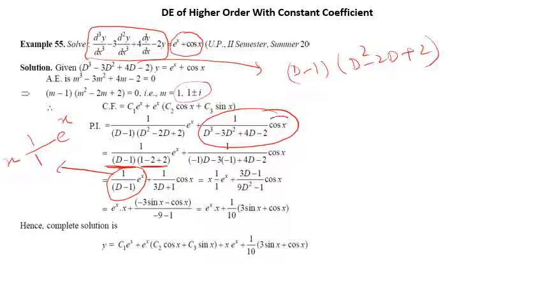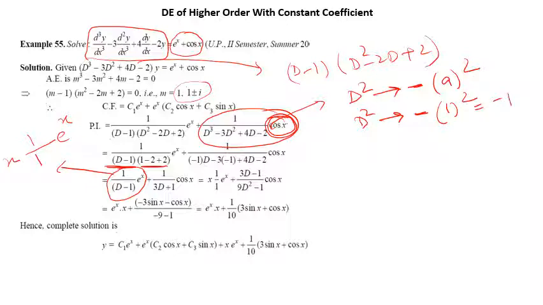if the function is sine or cosine, then replace D square by minus a square. Here a means the coefficient of x. The coefficient of x is 1. Then replace D square by minus 1 square, that is minus 1.